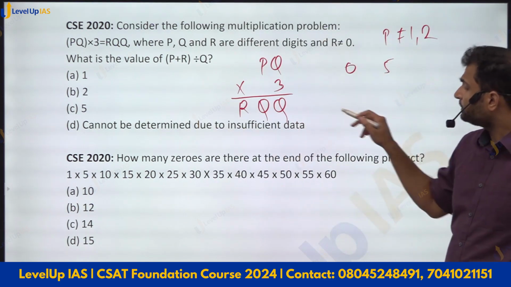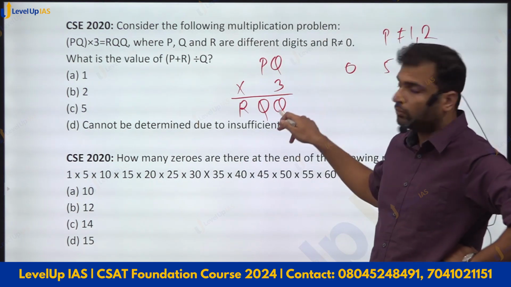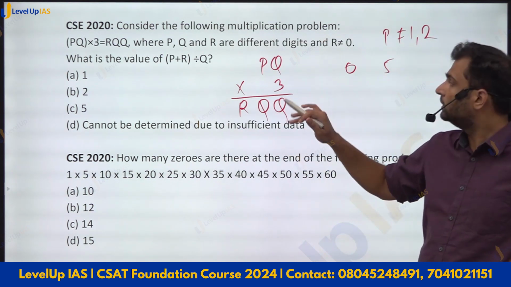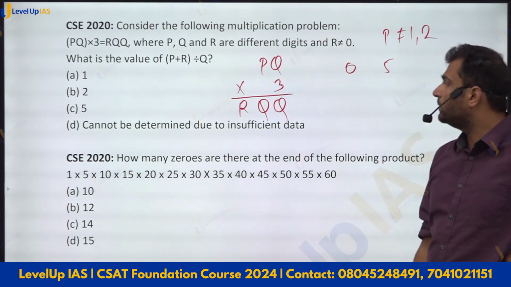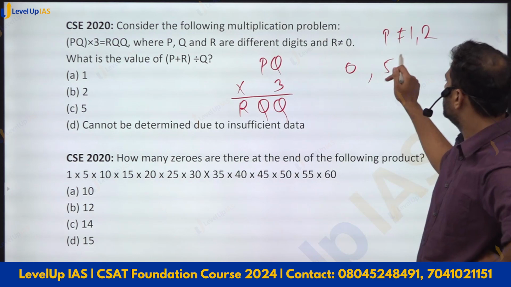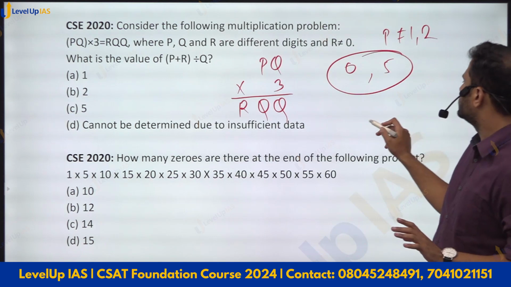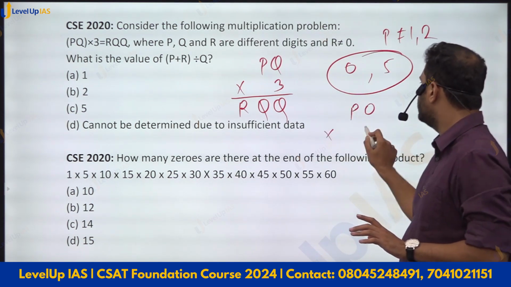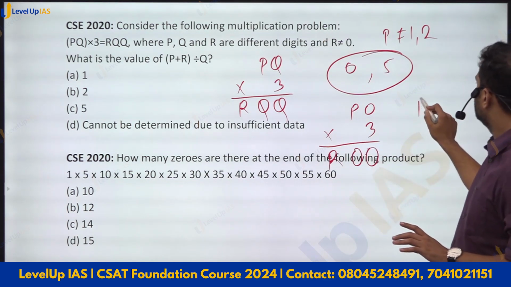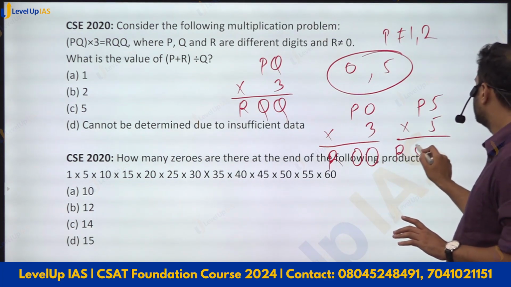Q can be 5. 3 into 6, 18, 8, not 6. 3 into 7, 21, 1, not 7. 3 into 8, 24, 4, not 8. 3 into 9, 27, 7, not 9. And 3 into 0 is already covered. So Q can be only 0 or 5. So we have only two options: P0 into 3 is equal to R00, or P5 into 3 is equal to R55.